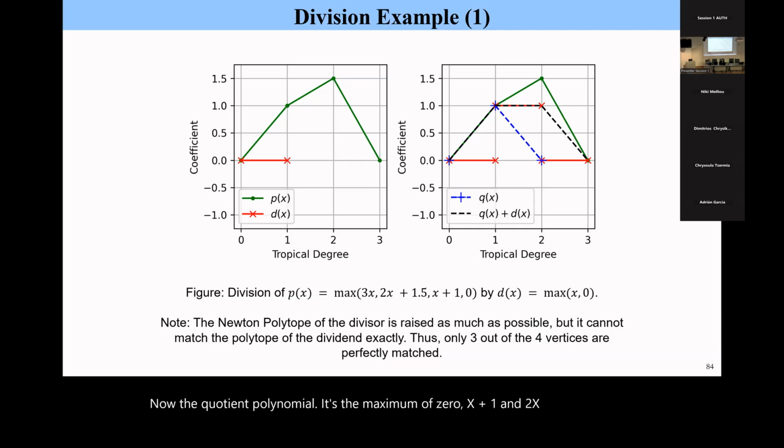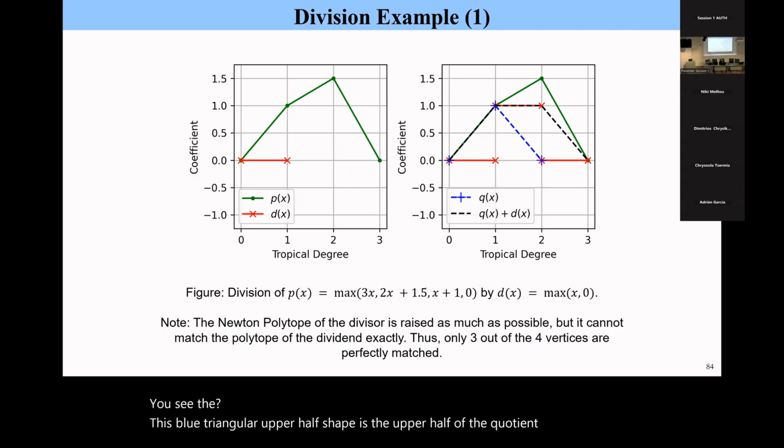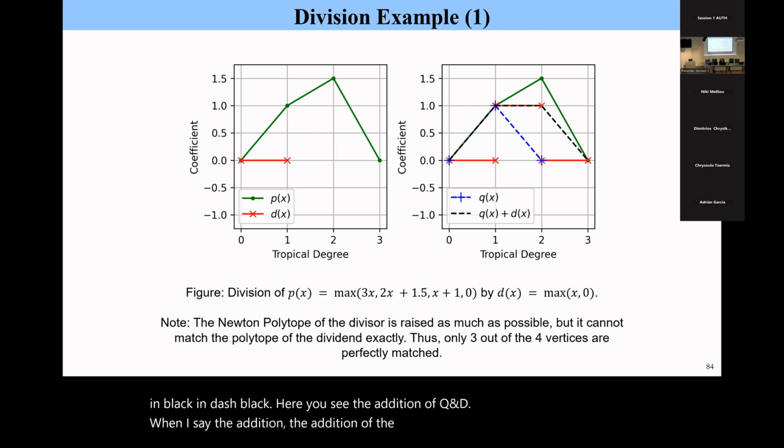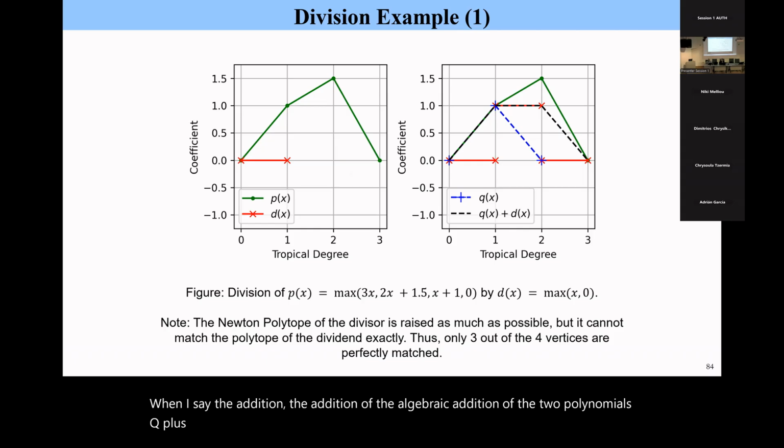In the first case, we have an exact division actually. In the second case, which is more interesting, you see in blue the upper hull of the quotient polynomial, and in dashed black curve you see the addition of Q and D. When I say the addition, the algebraic addition of the two polynomials Q plus D corresponds geometrically to the Minkowski addition of the Newton polytopes.